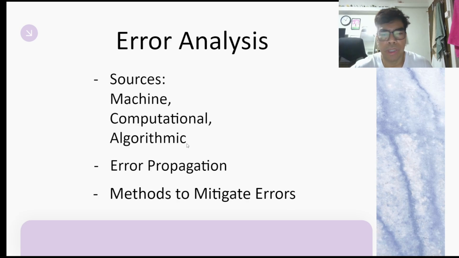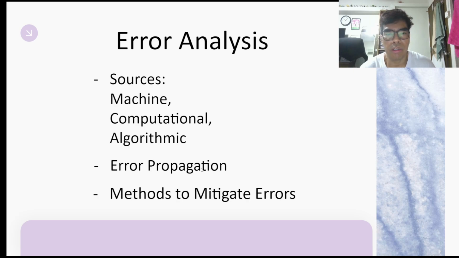Then error propagation: small errors can accumulate and grow over time in a simulation, especially in a long-running simulation, so they will pile up. This may lead to unreliable and misleading results. So if you do not check, it is better to fix the error before it accumulates a lot.